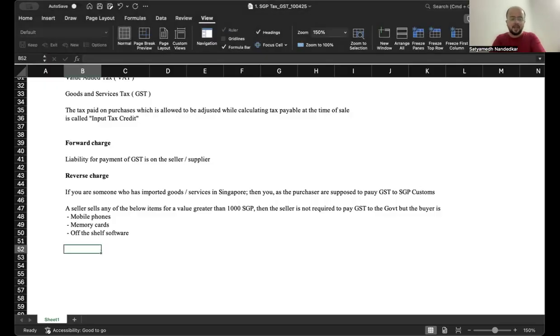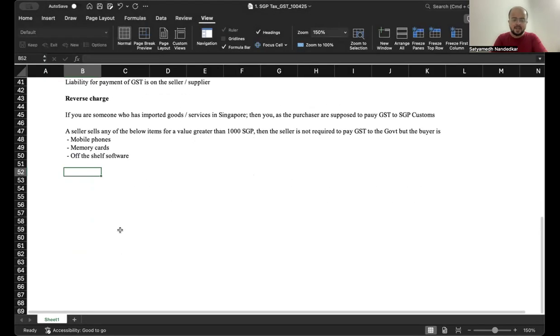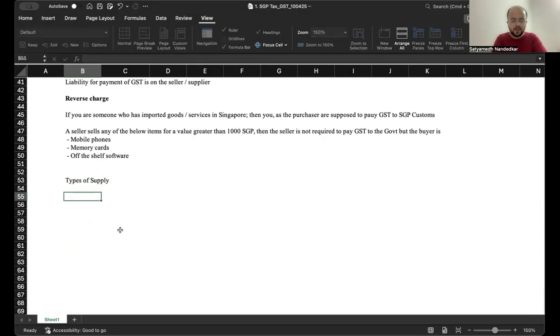Now, understand the types of supplies. Whenever a seller makes a supply, the supply is of two types. One is a taxable supply and the other is exempt supply. Exempt supplies are goods and services exempt from GST, that is, no GST applicable.